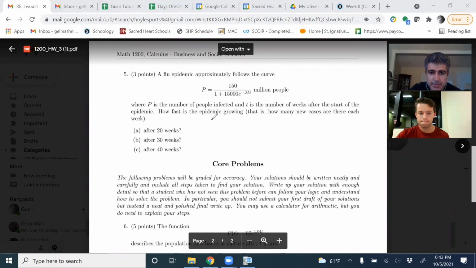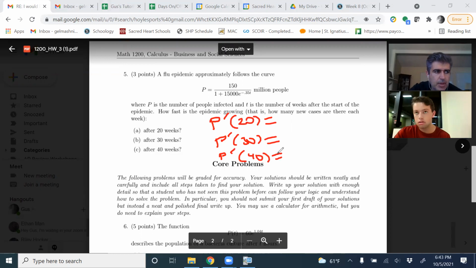So you want the derivative. So you want p prime of 20, p prime of 30, and p prime of 40. Now, you could do this by hand. It's just a little complicated. If you were to do it by hand, it would look like this.